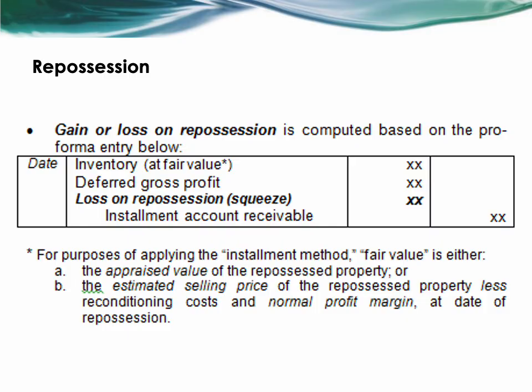Okay? A debit to inventory at fair value, a debit to deferred gross profit for the remaining unrealized profit on that sale, and then a debit or credit to loss on repossession. This usually is the balancing figure, and a credit to installment account receivable to clear the remaining balance.